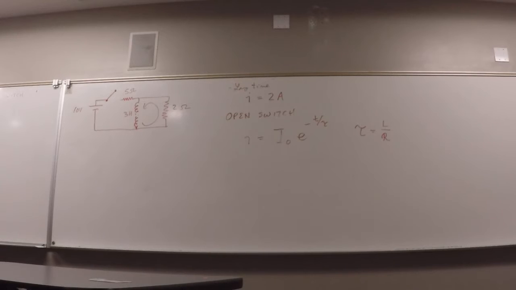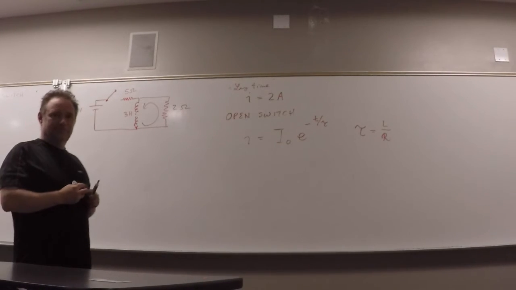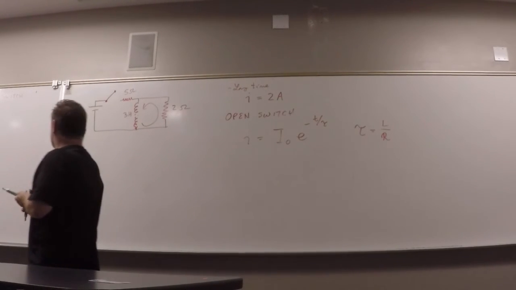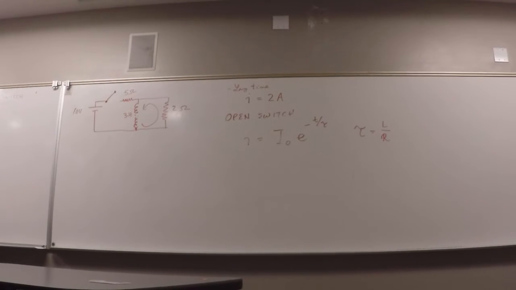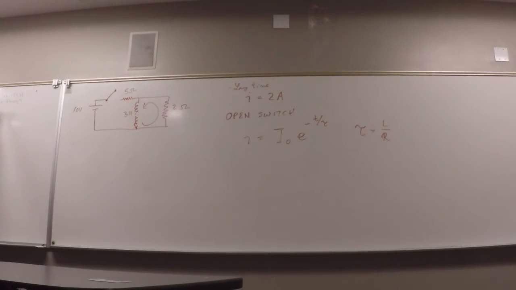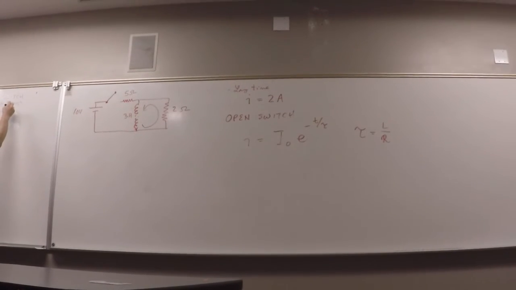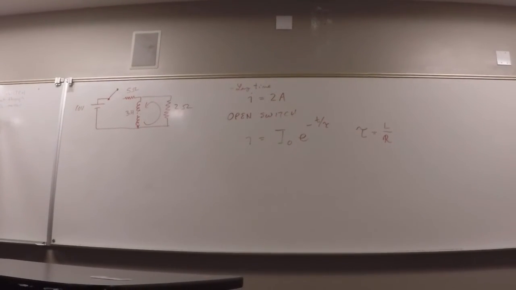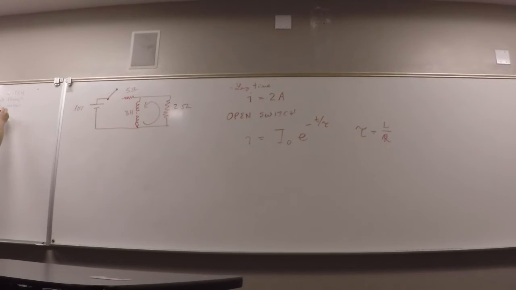Now, immediately after I close the switch, I want to know what is the current through the 5 ohm resistor, and what is the current through the 10 ohm resistor, immediately after I close the switch.